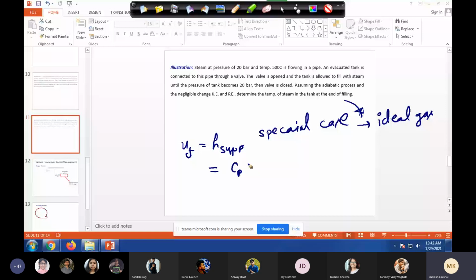This CP is not going to change because it's an ideal gas. So CP doesn't change and depend on the situation. We have seen it in detail in the throttling discussion. And UF, what can we write? UF we can write CVT, T in the final tank, TF tank. And this is T supply. And we know CP by CV is gamma. So basically T final in tank is equal to that.